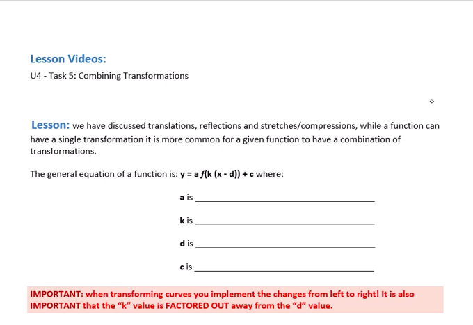So if we have y equals a times f of k times (x minus d), all brackets, plus c, a, as we saw before, is the vertical transformation, which is the stretch, compression, or reflection.